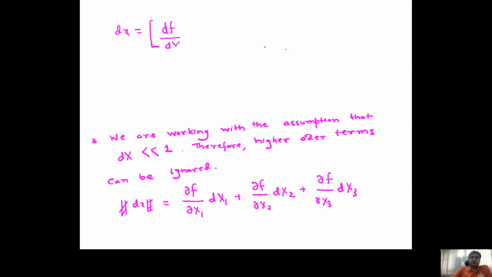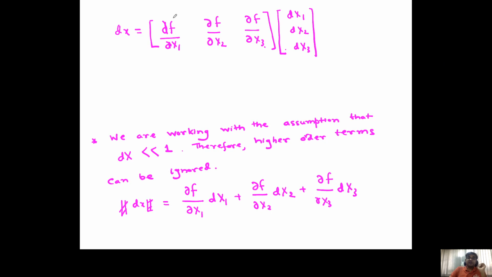So this will become del f by del x1, del f by del x2, del f by del x3. And then we have dx1, dx2, dx3. Now remember that f is a vector valued function.